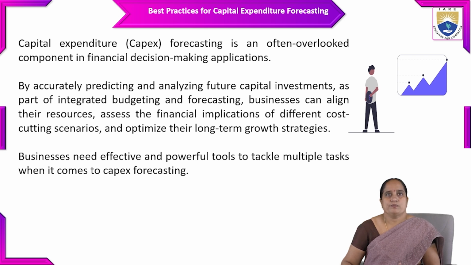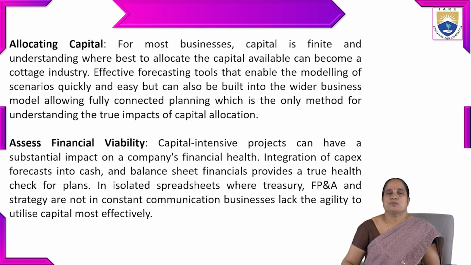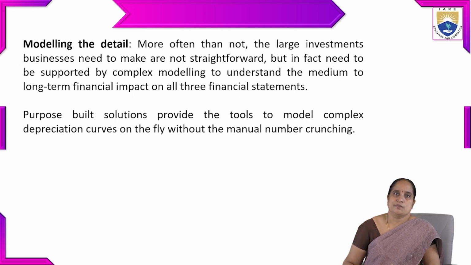And even in case of window dressing, sometimes the companies assess the capital expenditure involved and how they predict the future capital investments, how they allocate the funds, and the assessment of financial viability: whether the company is in a position to repay the loans or not, whether it is running with profits or losses. Everything should be forecasted by taking into consideration the financial statements.